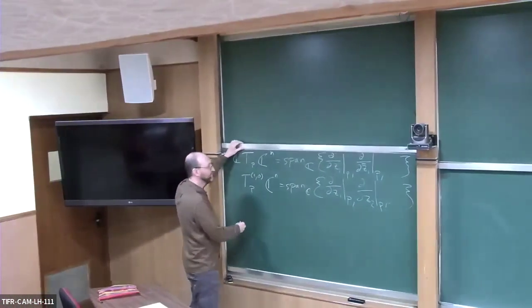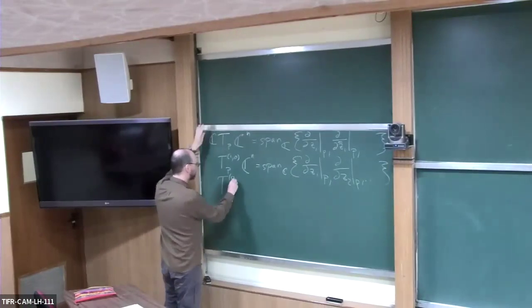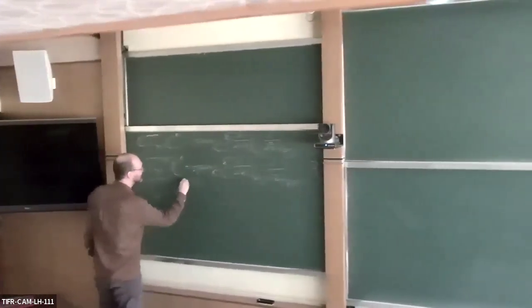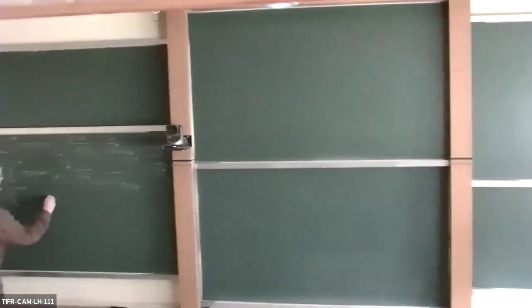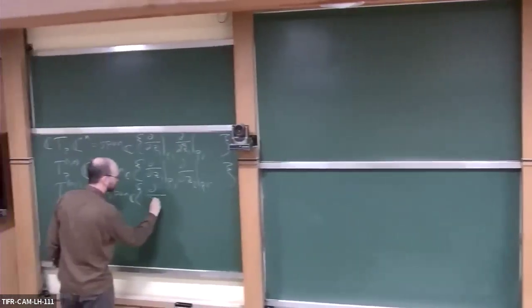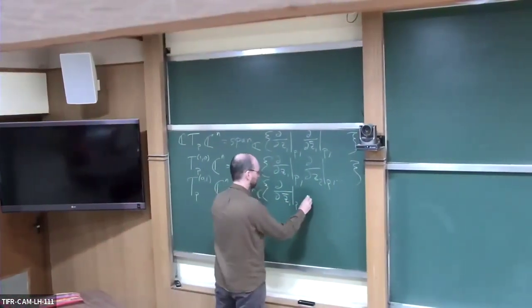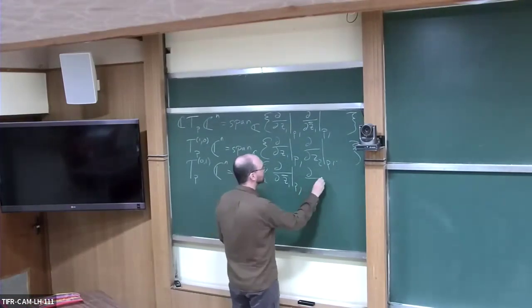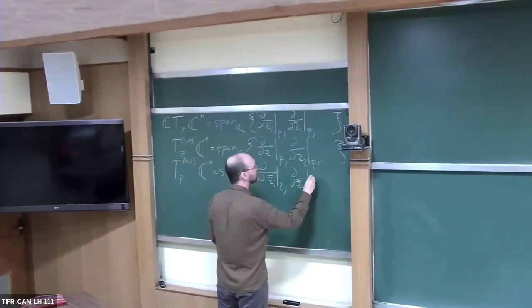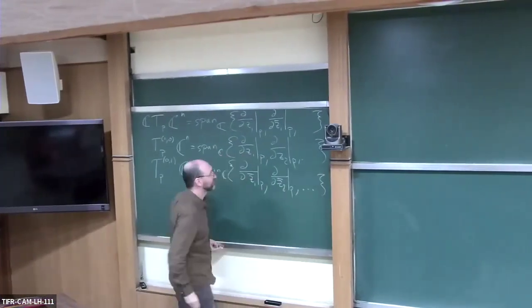And then similarly, we get the T^{0,1}, the span of the ∂/∂z̄'s, for all of them.